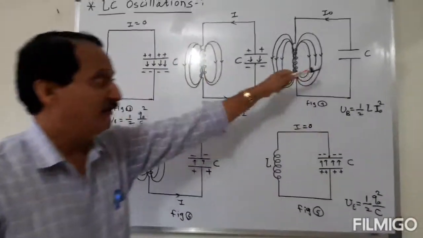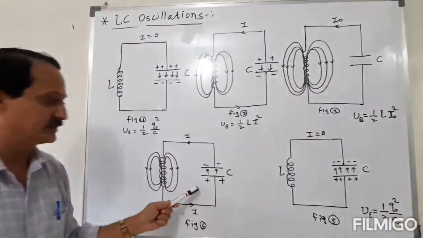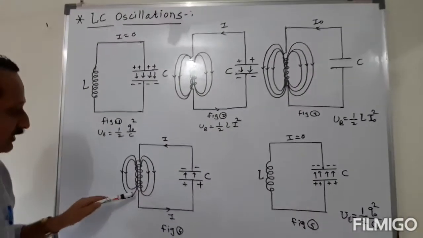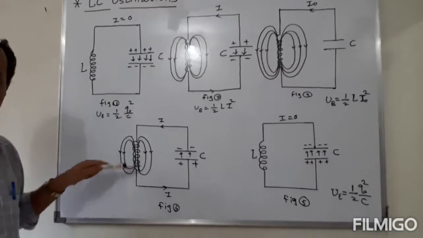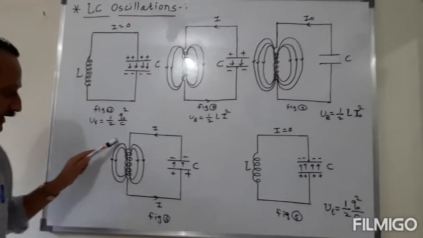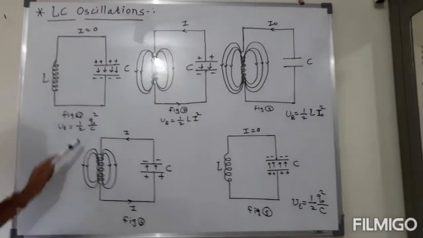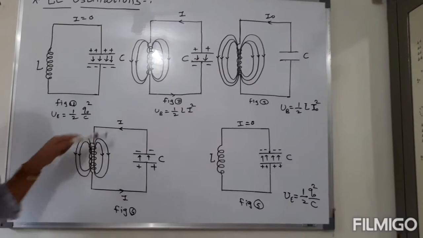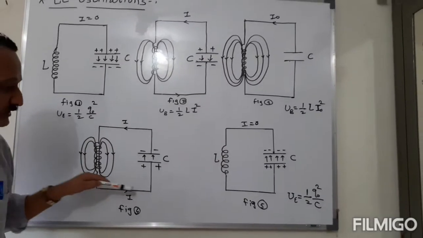Now what happens after the discharge of the capacitor? The magnetic flux linked with the coil goes on decreasing, and this decrease in the magnetic field of the coil induces a current throughout the circuit, and this current I flows in the same direction.